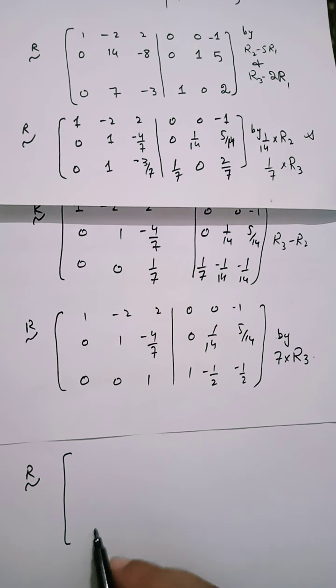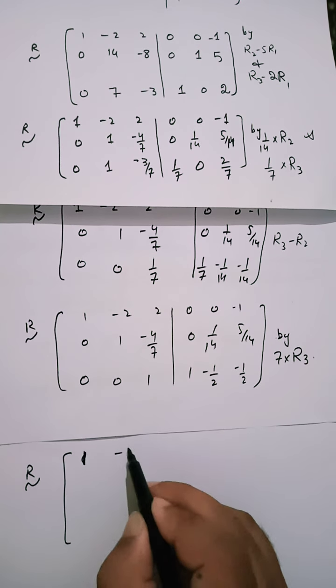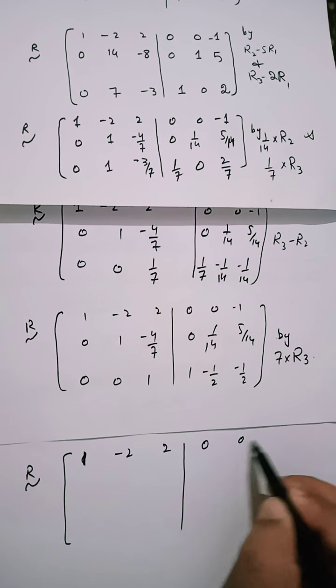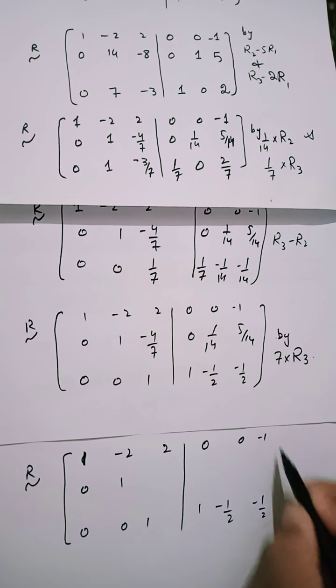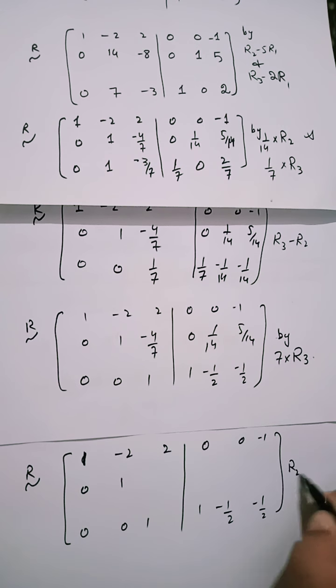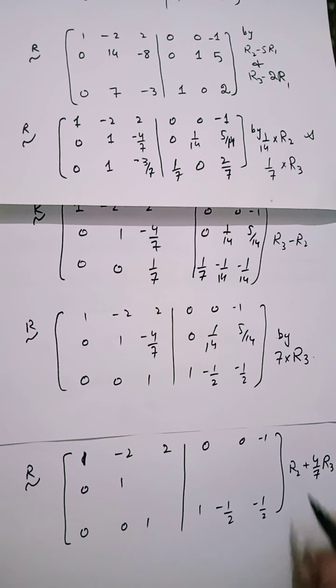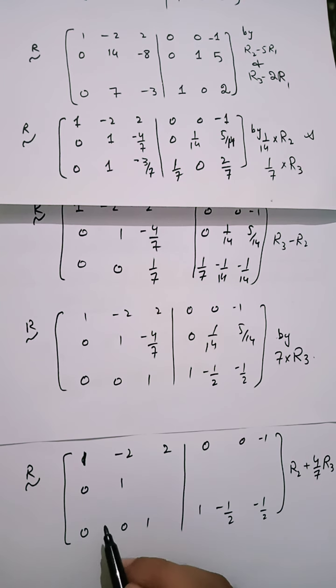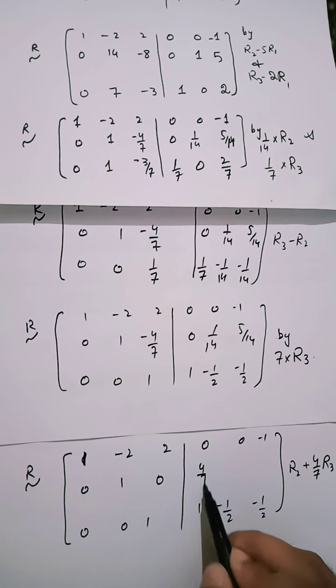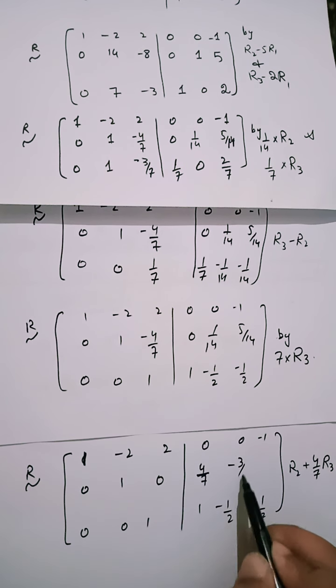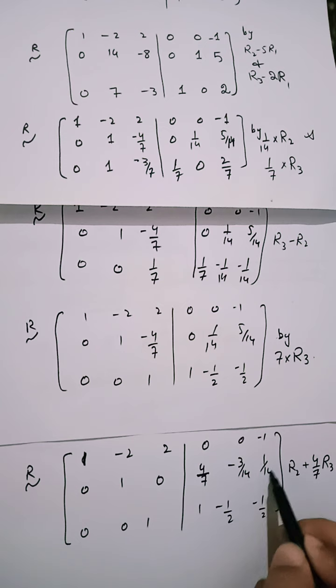So the rest of the two rows, row 1 and row 3, will be written as it is, and I am adding 4 divided by 7 times R3 with R2, so that will become 0. That will become 4 by 7. At this place we have minus 3 by 14, and at this place we have 1 by 14.